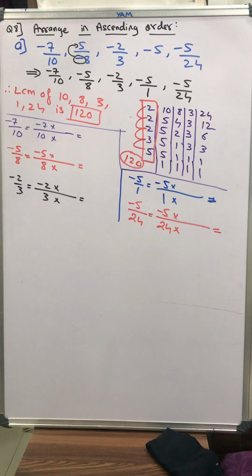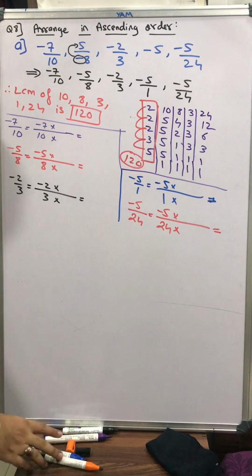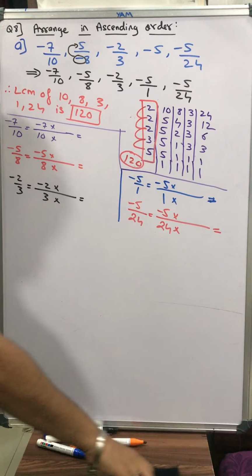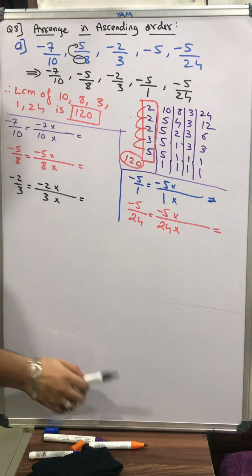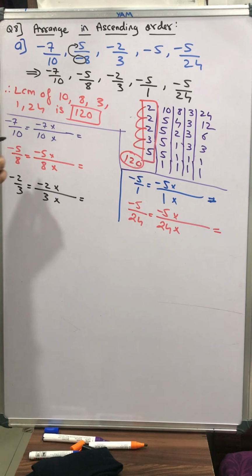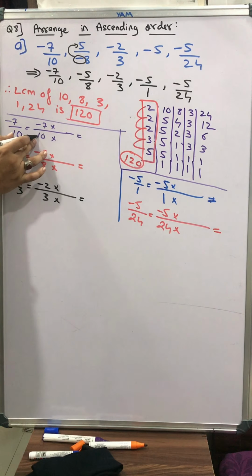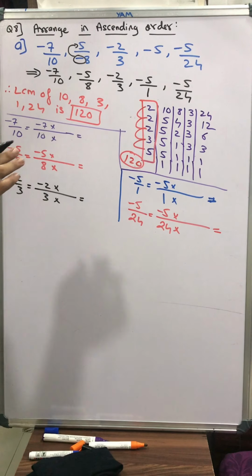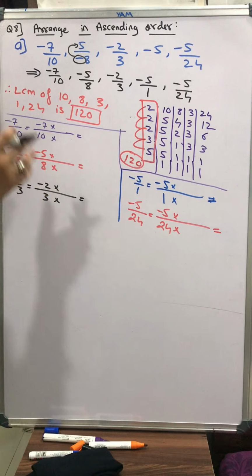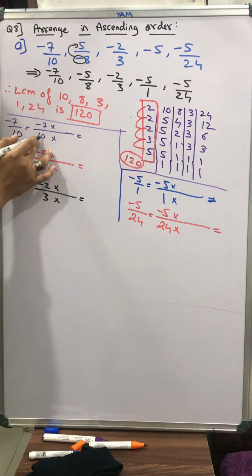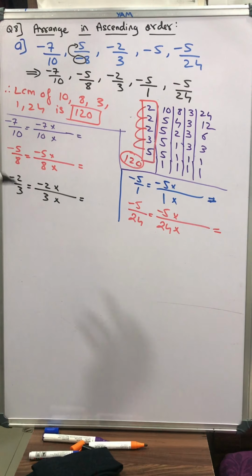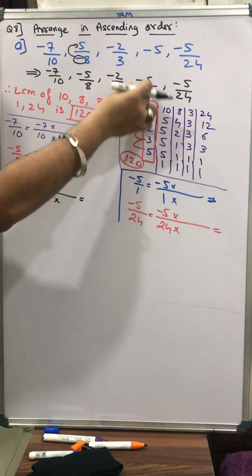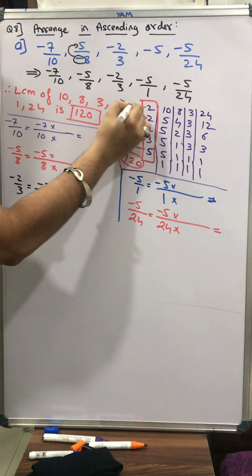Okay students, so now let's proceed further. Now I'll start with this one. Students, you tell me what number should I multiply with 10? We already have 10 in the denominator. To make it 120, don't think of any rocket science. I very well know that 10 times 12 is 120, but I'm teaching you a technique to decide from this column, which I'm highlighting.